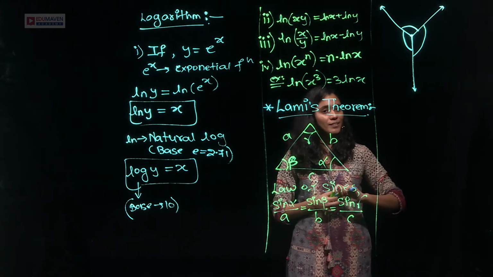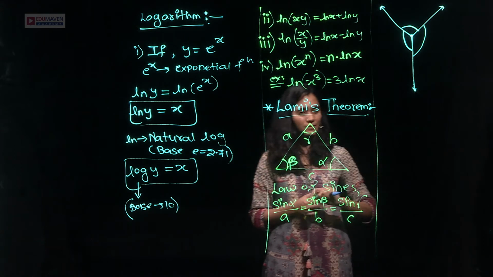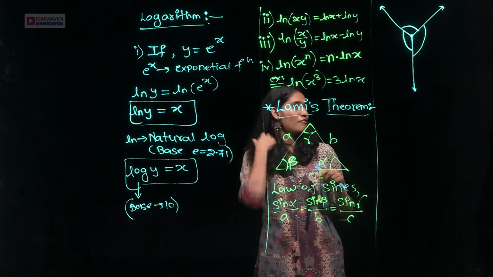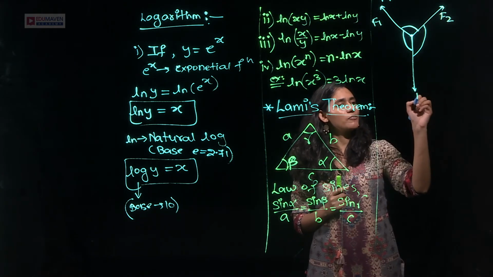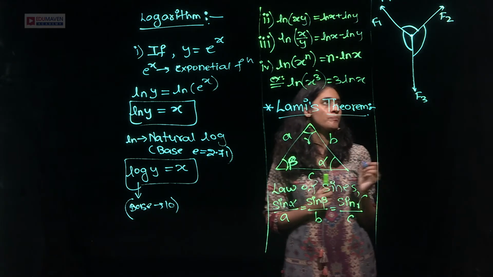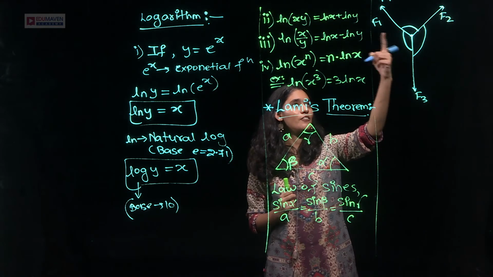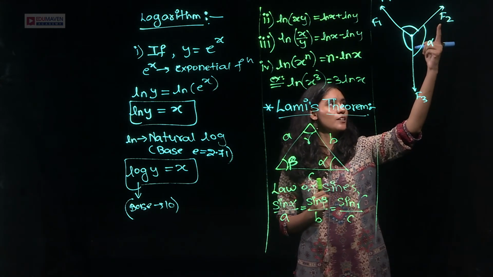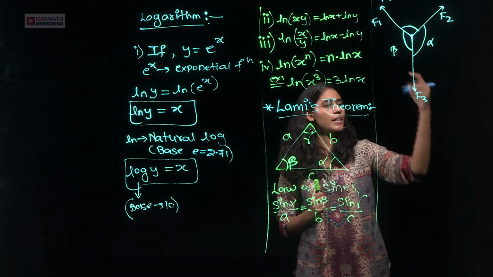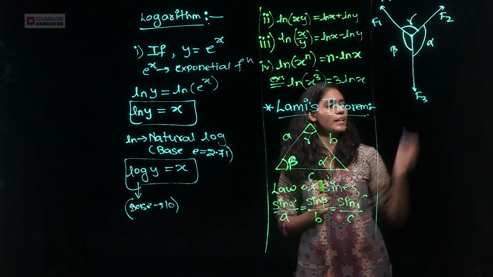similarly here we need to follow that manner. This is F1, here is F2 and this is F3. The angle opposite to F1 I take as alpha, opposite to F2 should be beta, and opposite to F3 should be gamma.